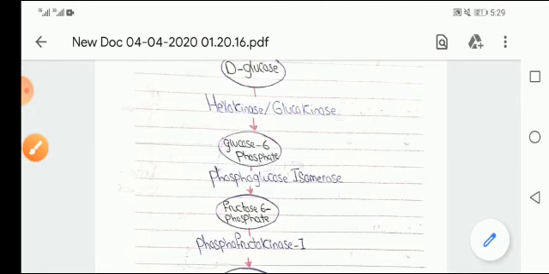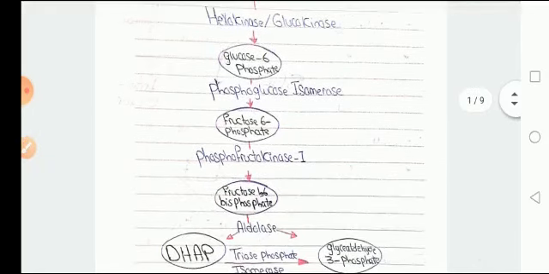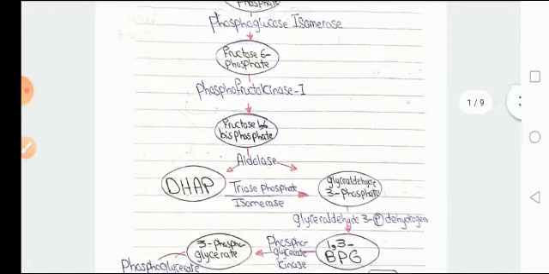Then glucose 6-phosphate is isomerized to fructose 6-phosphate by phosphoglucose isomerase. Fructose 6-phosphate would be further phosphorylated by phosphofructokinase 1 into fructose 1,6-bisphosphate.